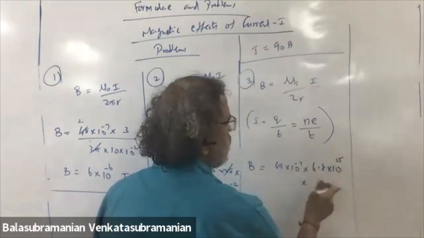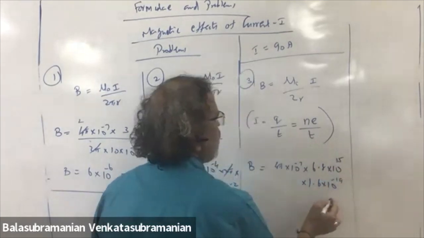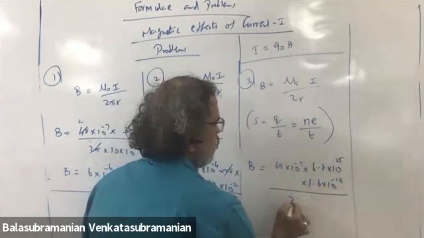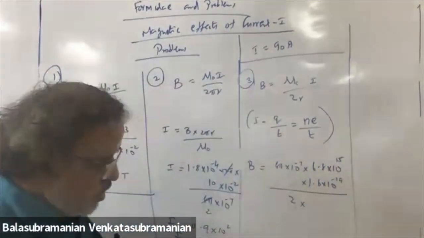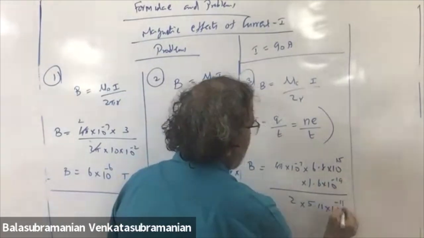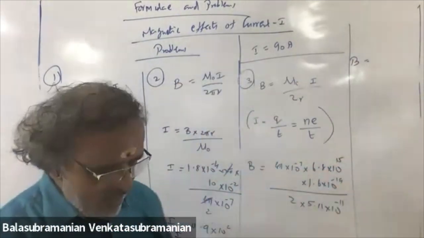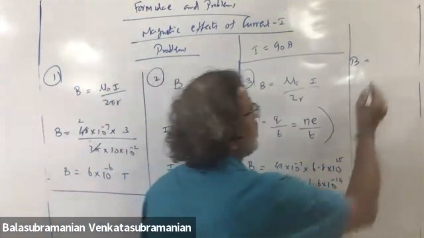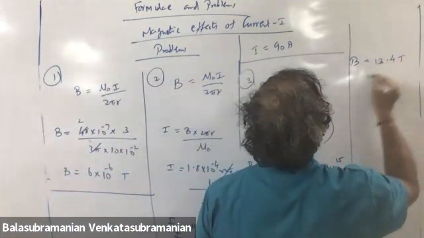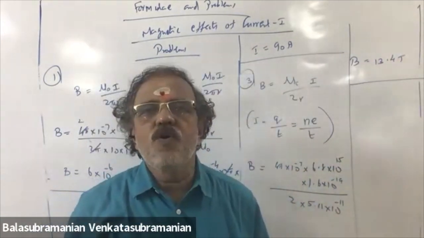That is called frequency, into 1.6 into 10 power minus 19, by 2R. R is 5.11 into 10 power minus 11. Rearrange and calculate, you are getting the answer 13.4 Tesla. 13.4 Tesla.